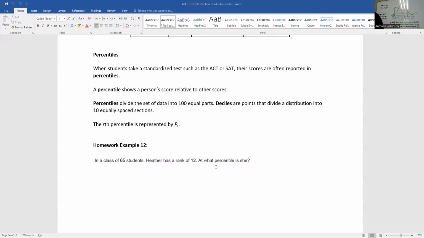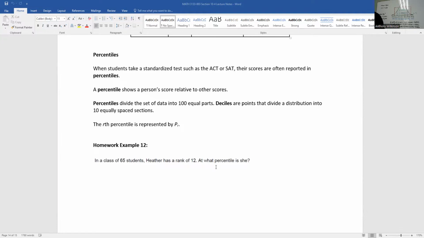In other words, usually when you see test scores with a percentile, like let's say the 83rd percentile, what that really means is this: if you were to look at, let's say, 100 students all across the country, you've done better than 83 of those students, or 83% of those students that took that test did worse than you.